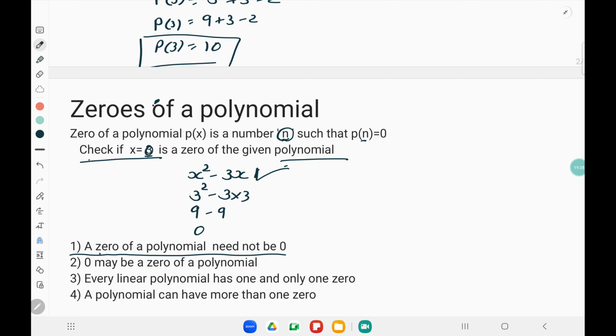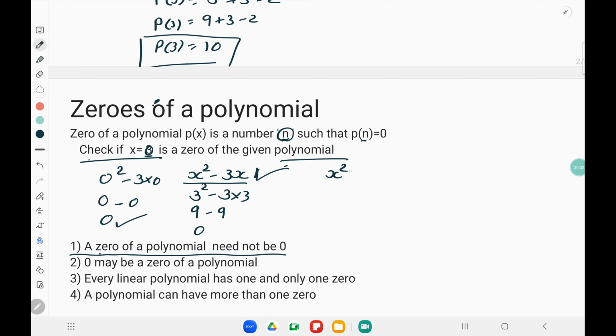So here we first check in this polynomial. If I take the x value 0, then 0 square minus 3 times 0. So 0 square becomes 0 and 3 times 0 is 0. So finally 0. So here 0 is a zero of the polynomial, but not necessarily each time.